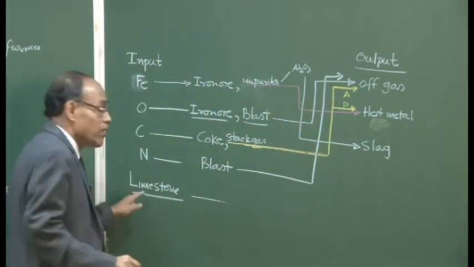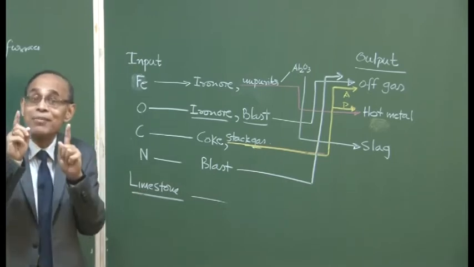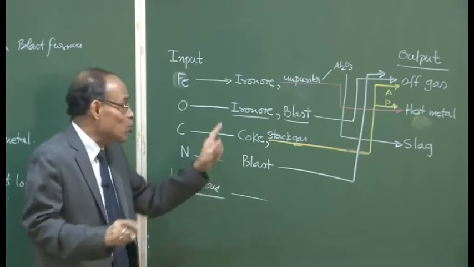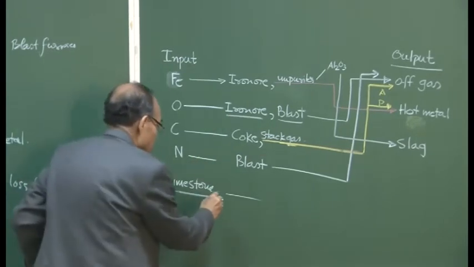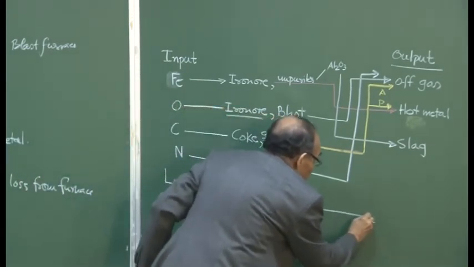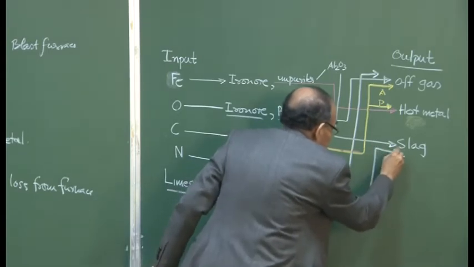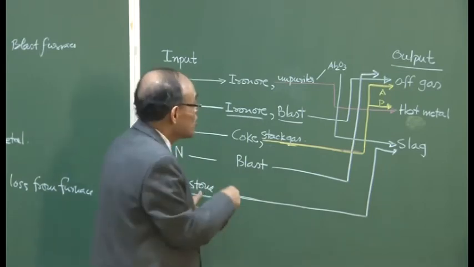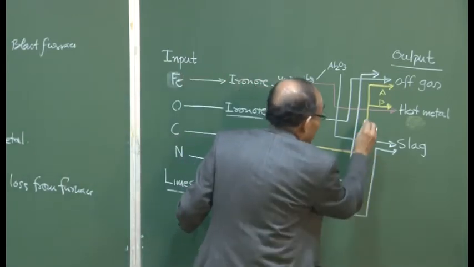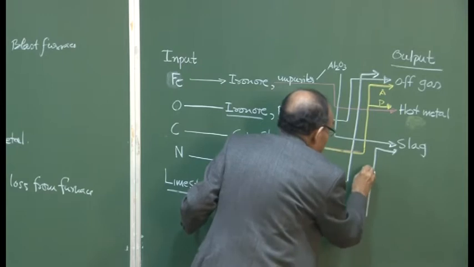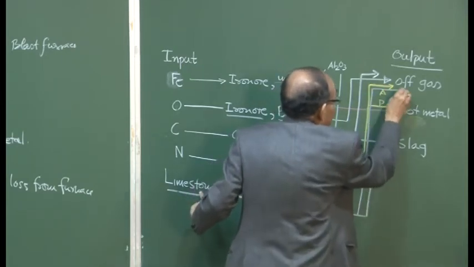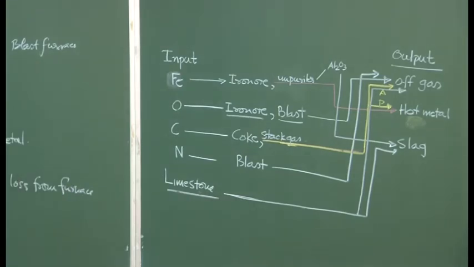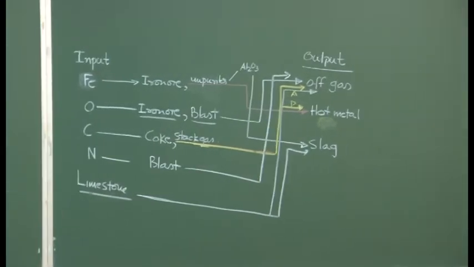Similarly with limestone, it contains calcium carbonate. So the lime, the CaO component, is going to be manifesting in the slag. On the other hand, the carbon dioxide which is present in the limestone after calcination is going to be manifesting in the off gas itself.